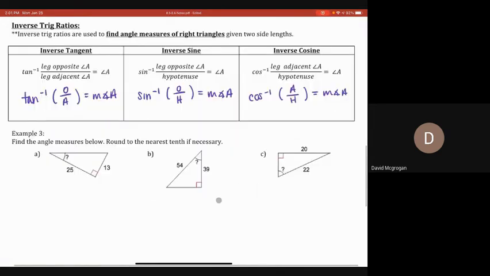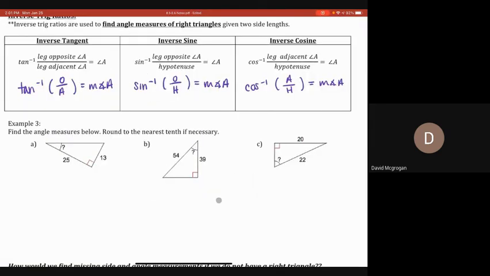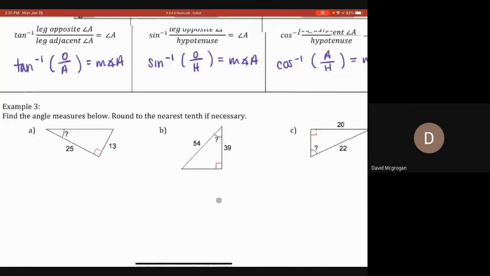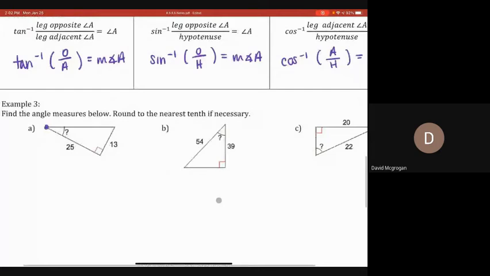So if you look at part A here, we have a missing angle measurement, but I have two sides. So you still do the same thing, where you're looking at this with respect to your angle. 13 is on the opposite side, so 13 is your opposite, and 25 is your adjacent. The other thing that's nice is SOHCAHTOA also still applies.